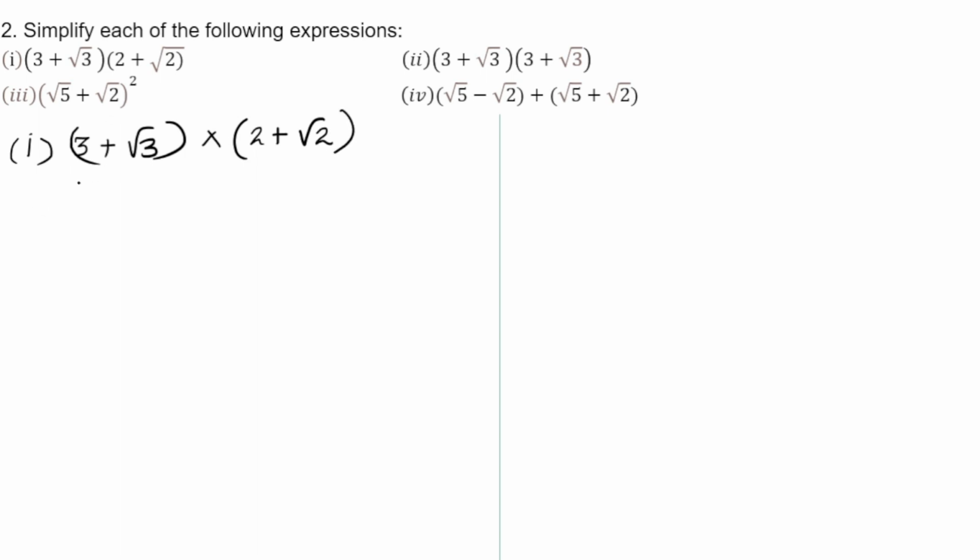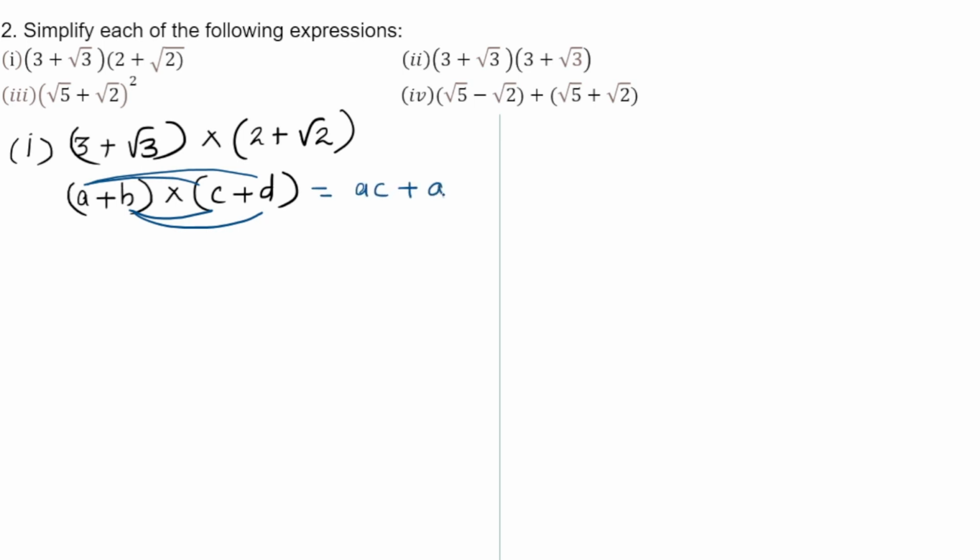For solving this question, we are going to use this identity which goes like a plus b multiplied with c plus d. So what really is happening is that a gets multiplied with c and d, and b gets multiplied with c and d. And when you open, you get the expression as ac plus ad plus bc plus bd.